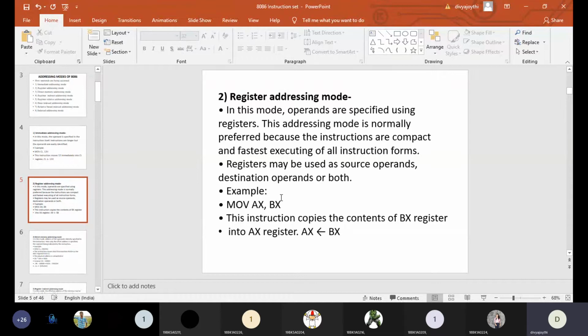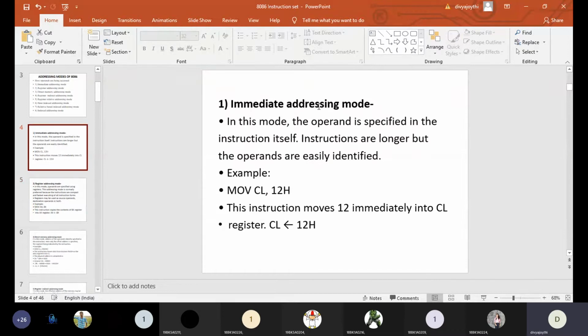What data is stored in BX, we don't know. The operation happens between the two registers BX and AX. But in immediate addressing mode, the data is directly specified in the instruction.